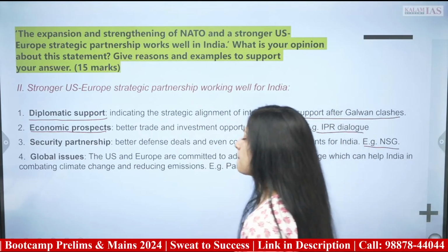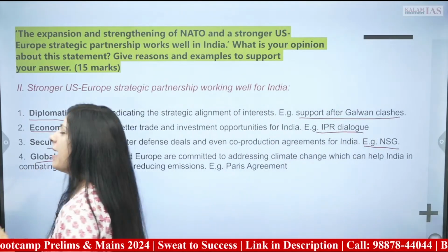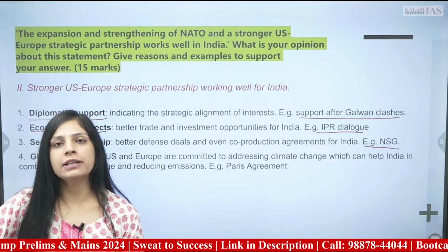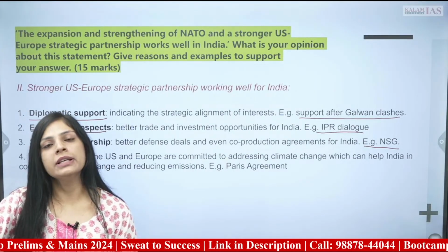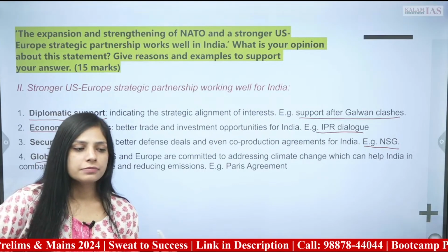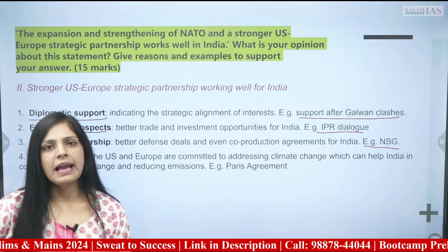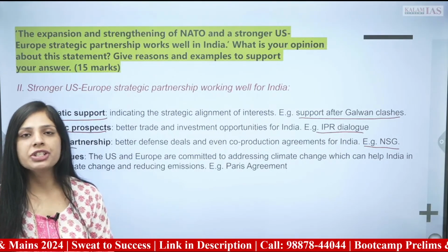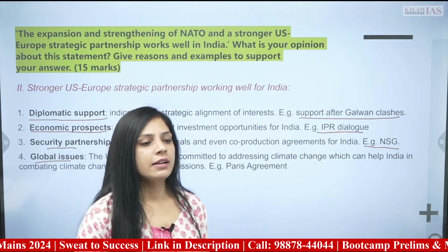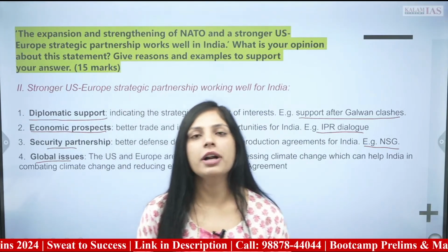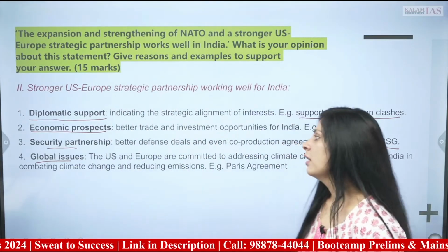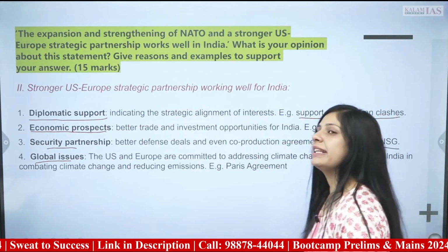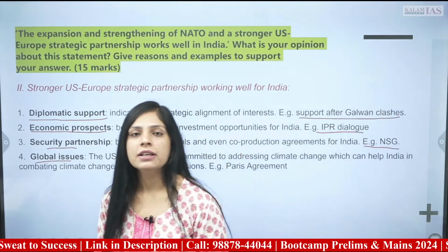Global issues, or we can say the environmental issues also, the United States and European Union are actively committed towards the climate change initiatives, right? For the EU we have the Fit for 55 campaign. For the US also we have other initiatives which they are taking.